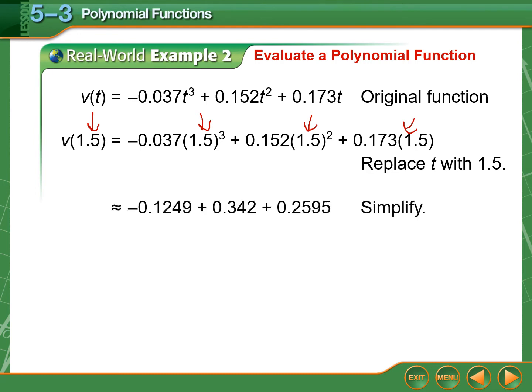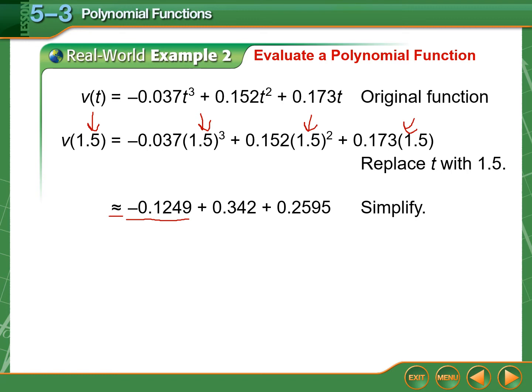Now we start solving. Remember your order of operations. You cube or you square first. Take care of the powers first, then multiply, then add. Also, you notice here, we've got a decimal and an approximation. So we had to round a little bit. If you can, using your calculator, don't round until the very end. Just let the calculator keep track of all the digits for you and then give an approximate answer at the end.